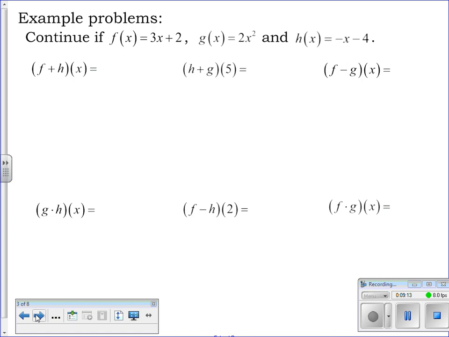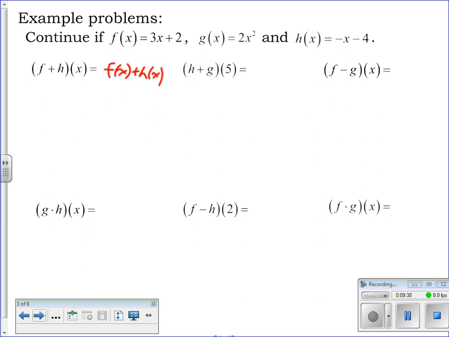Okay. Same f, g, and h. If I have f plus h of x, what that really means I'm doing is f of x plus h of x. Okay, that's not that bad, is it? I just take f of x and h of x and add them together.